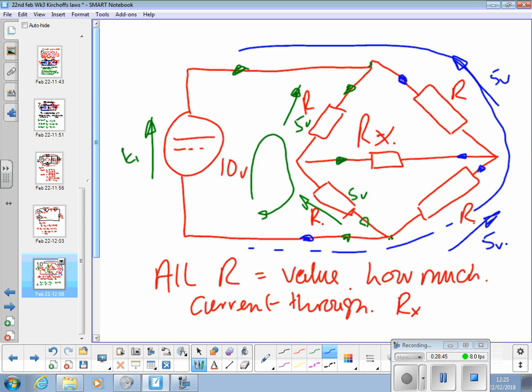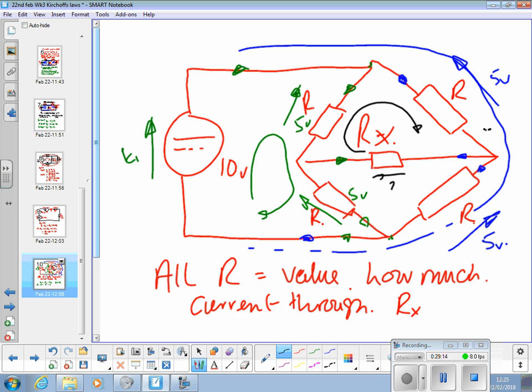Everybody follow? Yeah? So, if we then look at one of these loops around here, we've got a clockwise arrow of 5 volts, an anti-clockwise arrow of 5 volts, and then we've got a question mark arrow here. And those three have got to add up to nothing.